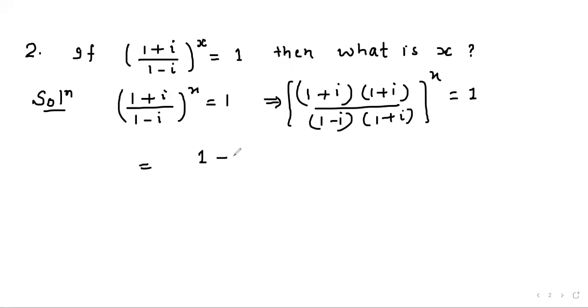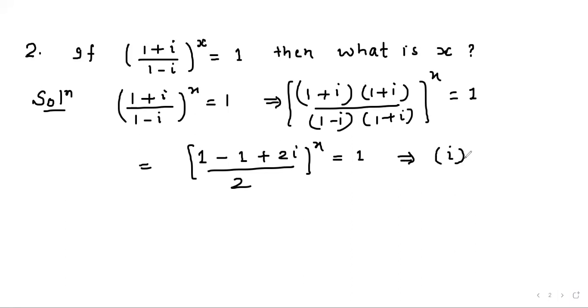So 1 minus 1 plus 2 iota divided by 2 whole power x equal to 1, which further implies iota power x equal to 1. And we know that iota power 4n is 1, where n is any integer. So x must be 4n, which is our answer.